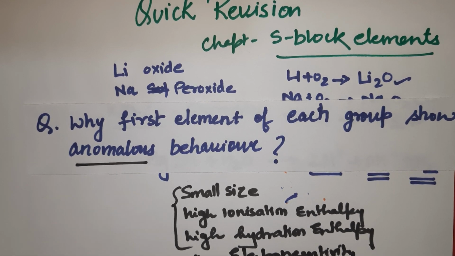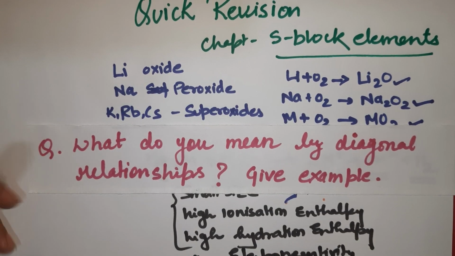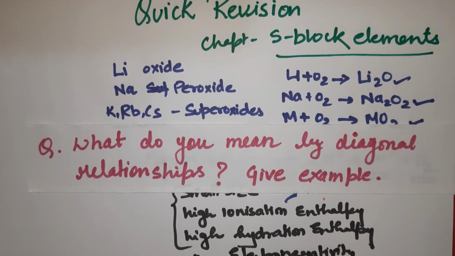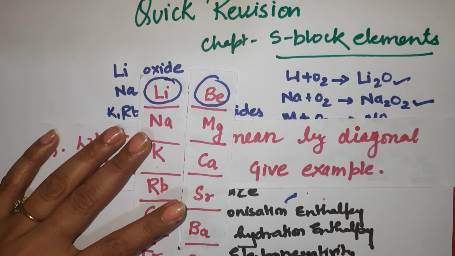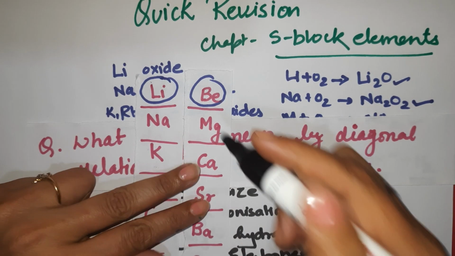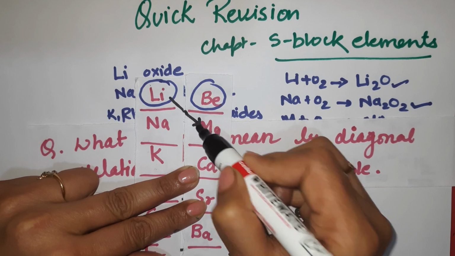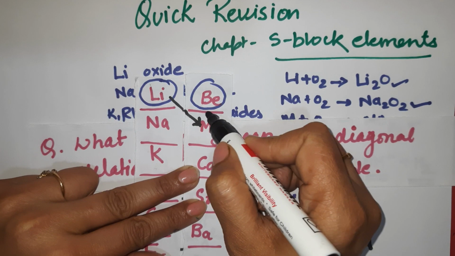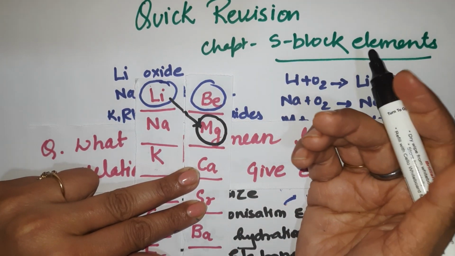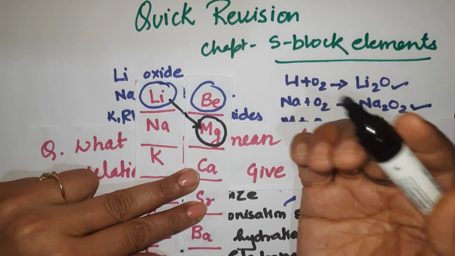Okay, and the last question is what do you mean by diagonal relationship? Give example. So the diagonal relationship is that if you see the elements here, and if I make this kind of diagonal in the square, right? It has been observed that lithium shows many properties which magnesium is also showing.